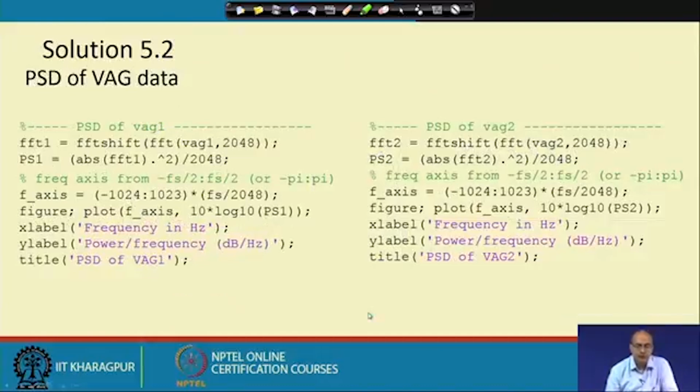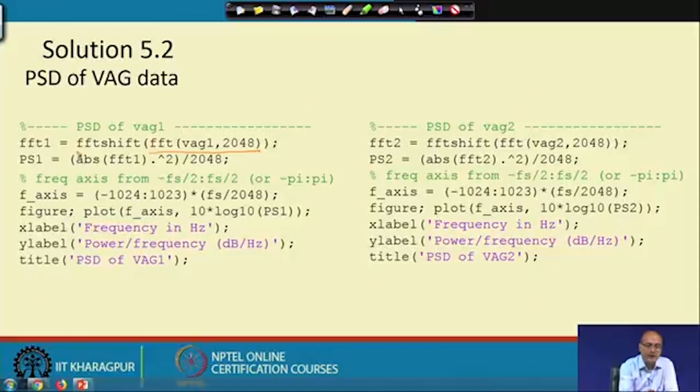Now, let us see how we would compute the PSD. We have already seen that in the previous example, we are repeating the same thing, so we would move fast in this case. What we do: first we take the FFT of the signal, a 2048 point FFT.